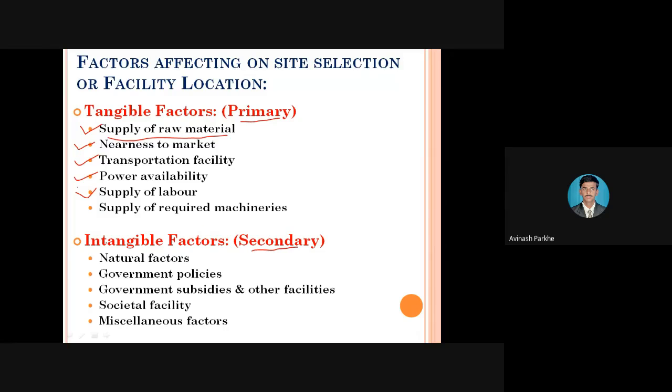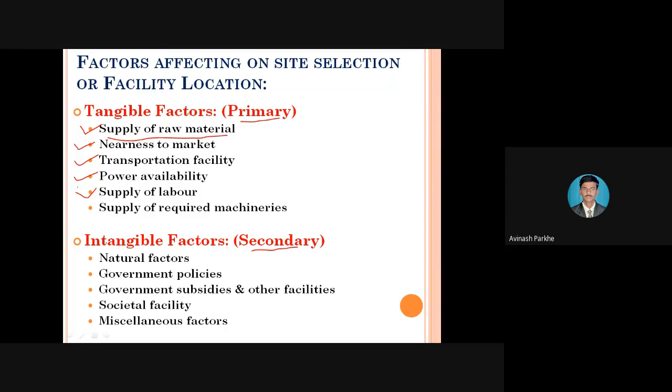Why? If the labor is not available, sometimes it is not possible to work. It is not possible to convert raw material into finished goods. Automatic machines are available, no problem. But at least to start that machine, to stop that machine, to hold the component on that machine, to take the finished component from that machine, labor is required.